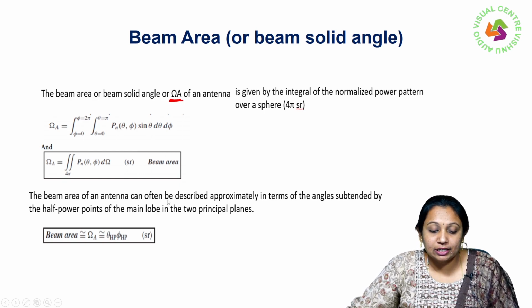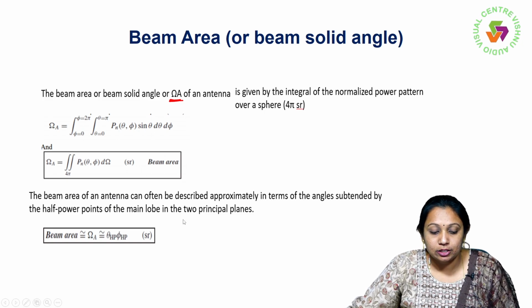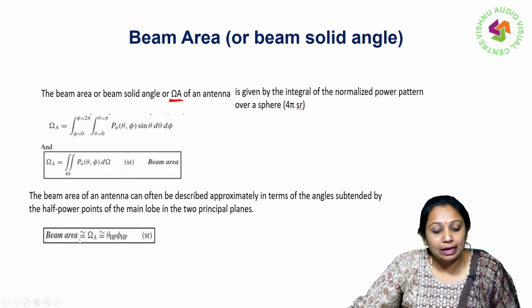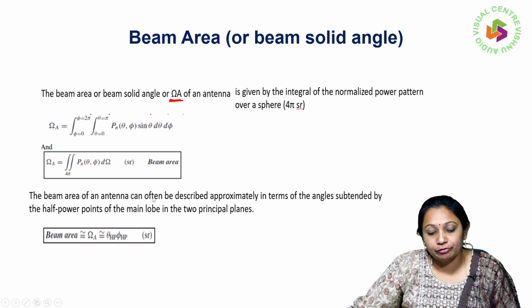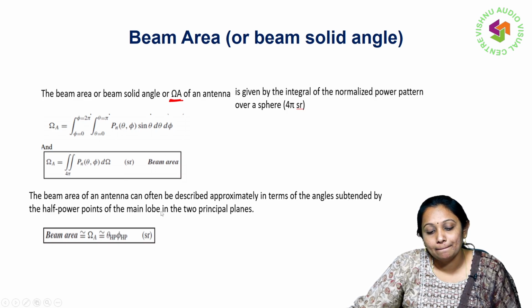And the next definition: the beam area can be represented in terms of angles, in terms of half power beamwidth. The beam area of any antenna can be described approximately in terms of the angles, that is, the half power points of the main lobe in the two principal planes.